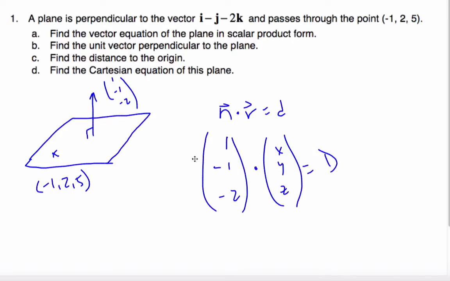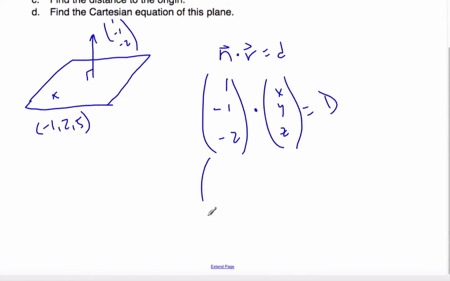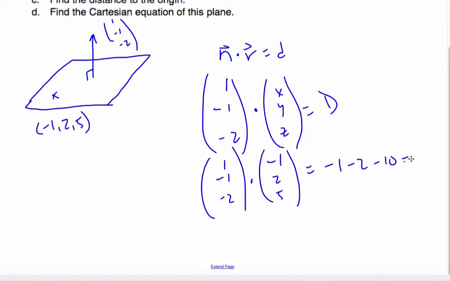If I want to find what this d is, I can just plug in my point into my general point. And so when I do that, I end up doing (1, -1, -2) dot (-1, 2, 5), which is -1, -2, and -10, which is our d value, which is -13.